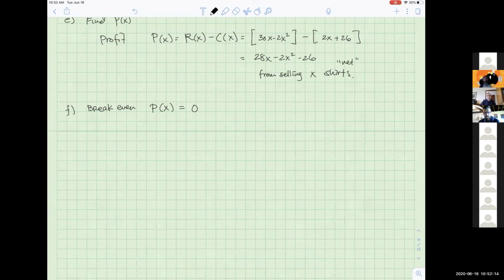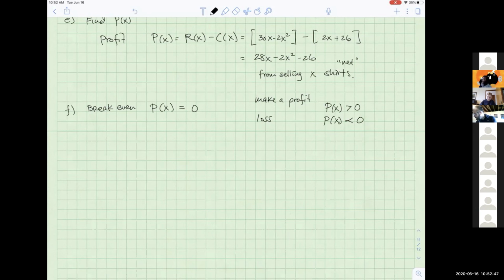That is to say, you're not losing money, but you're not making any money. This is your break even. If you want to make a profit, you want to know when your profit function is greater than zero, and you take a loss when your profit function is less than zero. So if you have negative profit, you're losing money. If you have positive profit, you're gaining money, and you're breaking even, as they say, when your profit is zero.